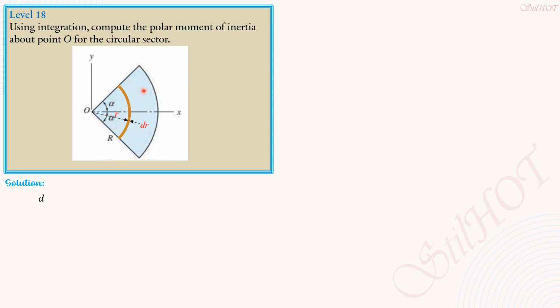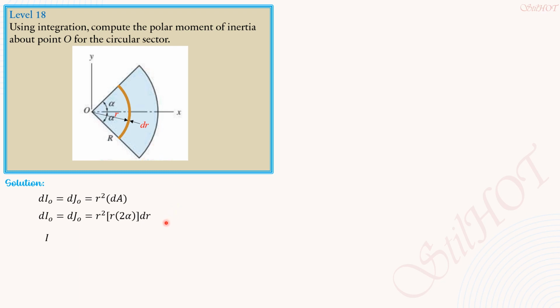So differential IO, which is differential JO, differential IZ, is distance squared, r squared, times differential area. Again, the differential area is arc length, radius times 2 alpha, times thickness differential r. So differential IO equals differential JO equals r squared times r times 2 alpha differential r.